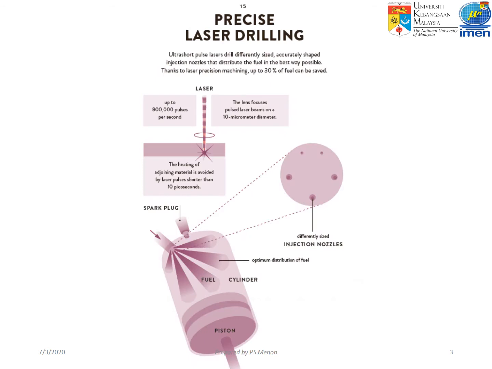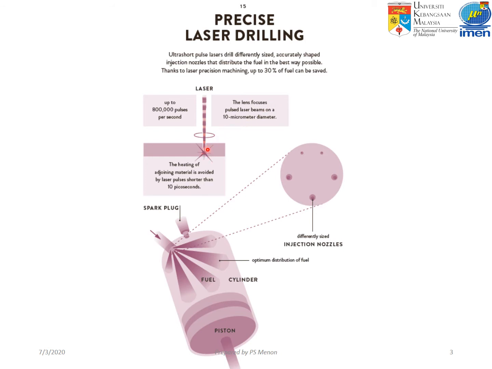Precise laser drilling. Ultra short pulse lasers drill differently sized, accurately shaped injection nozzles that distribute the fuel in the best way possible. Thanks to laser precision machining, up to 30% of fuel can be saved. So you have a laser pulse, an on-off pulse, up to 800,000 pulses per second, and the lens focuses the pulsed laser beam on a 10 micrometer diameter.